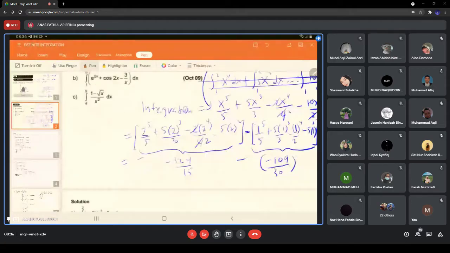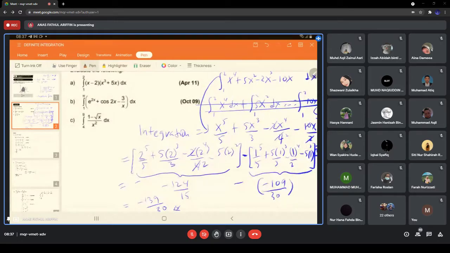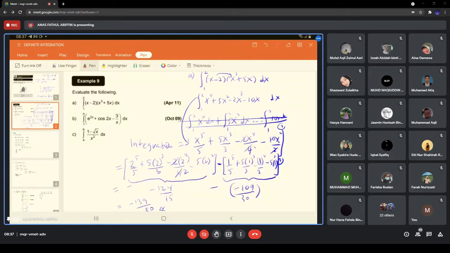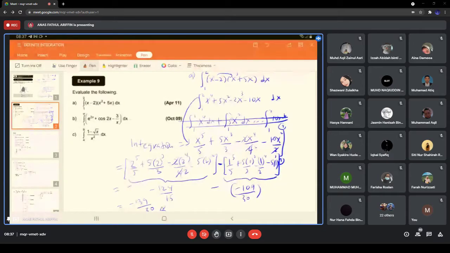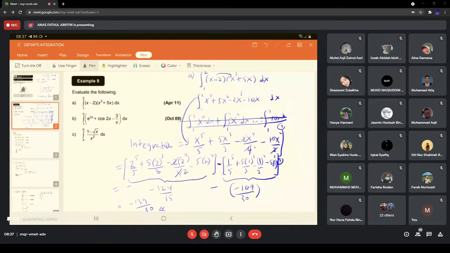Okay, so the final answer, negative 139 over 30. So this is the answer. Boleh? Untuk example A ni. Boleh, sir. Okay.